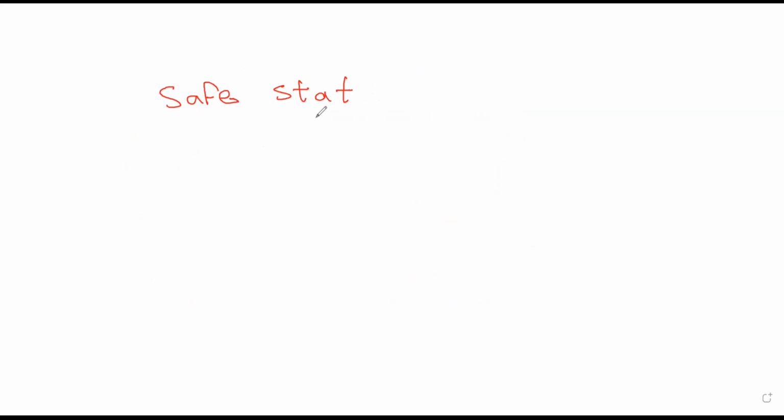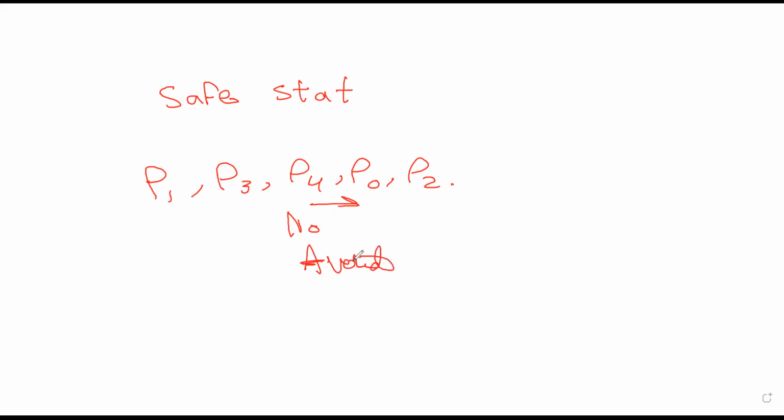It tells me that if I go in the order P1, P3, P4, P0, and then P2, I will not enter a deadlock. I will successfully avoid it. Now, how did I do that? It's because I actually prevented the process of mutual exclusion.